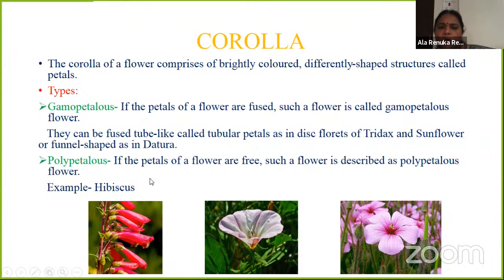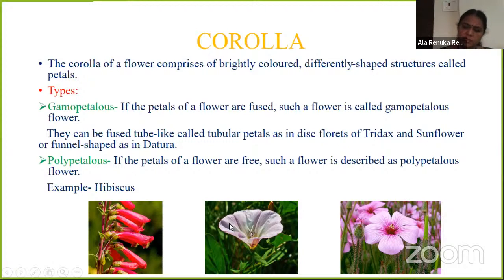And we see petals free also. This is the polypetalous condition. Petals are free, there is no fusion. If the petals are fused, they form gamopetalous, fused tubular, long tube-like corolla, and long fused funnel-like corolla. It is based on the shape. We call it tubular corolla, funnel-like corolla, bell-shaped corolla.